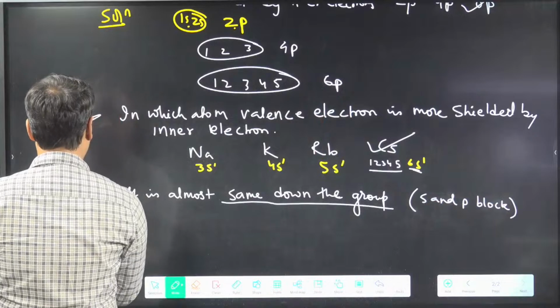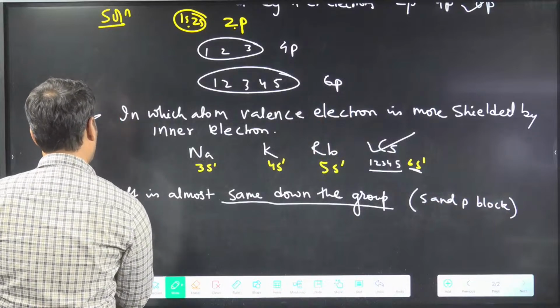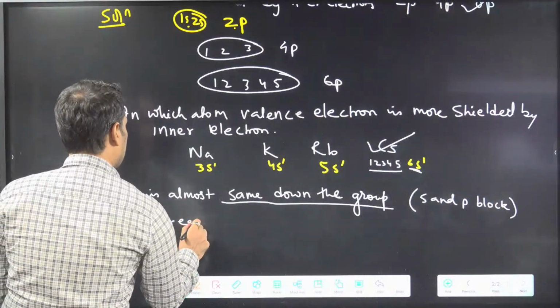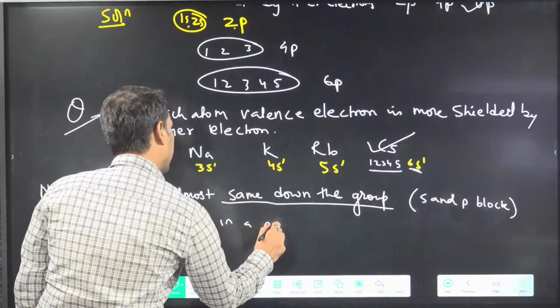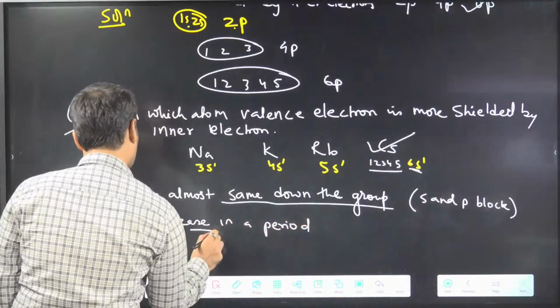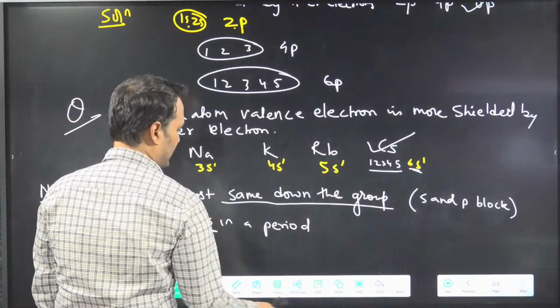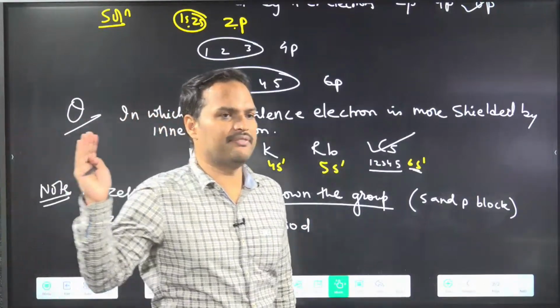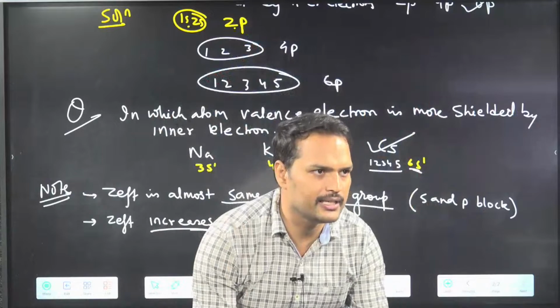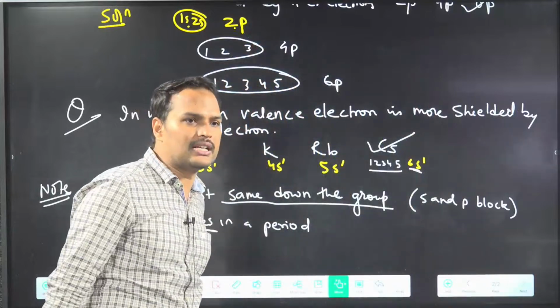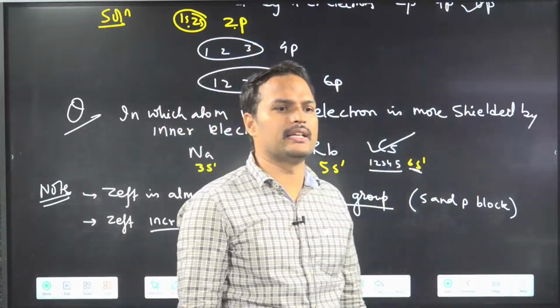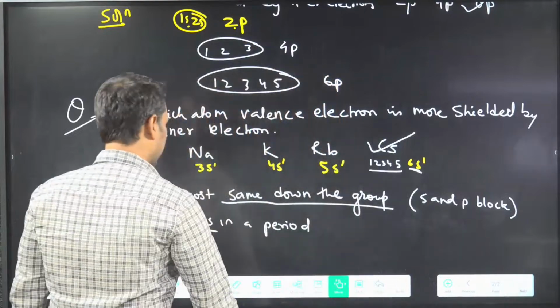And the second point is that Z effective increases in a period. Done. 2 points we have to keep in mind. In a period, Z effective is increasing. That's why size is decreasing. Got the point? Clear? Okay, nice.